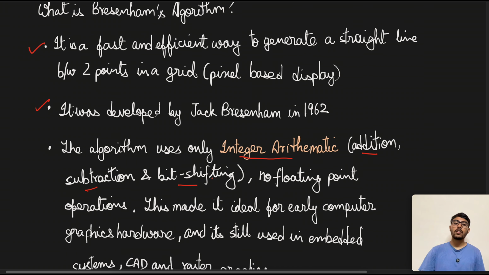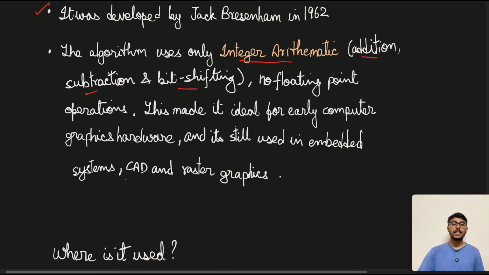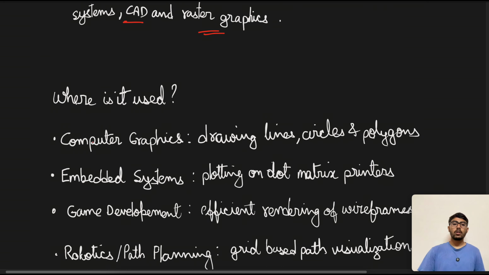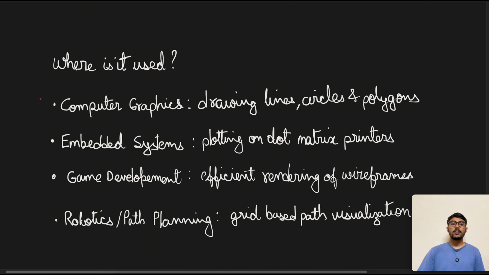and it is still in use with embedded systems, CAD and raster graphics, right? So these are some of the very popular topics right now. So now we'll elaborate on them, like where it is used these days. As said, Bresenham is being used in computer graphics for drawing lines, circles and polygons.